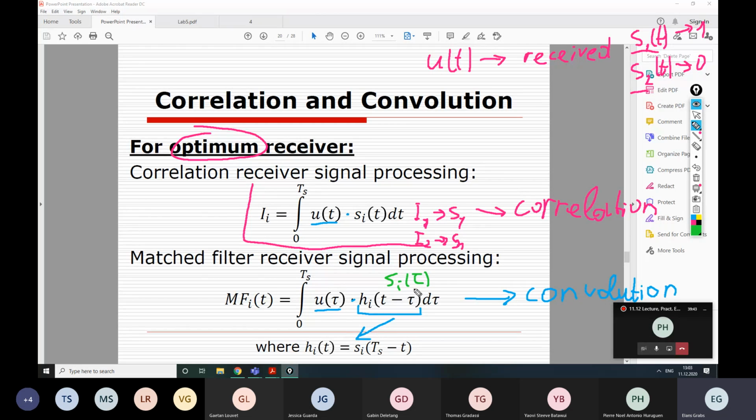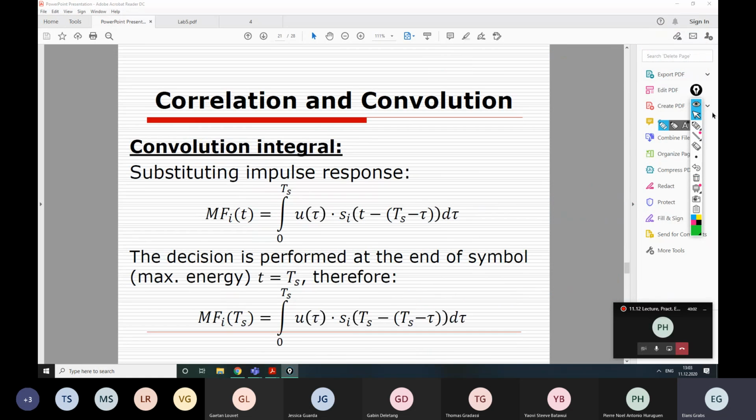So let's see if we can transform this second formula into this first formula. The first step we are going to do is to substitute this impulse response signal into this formula. Let's see what happens.